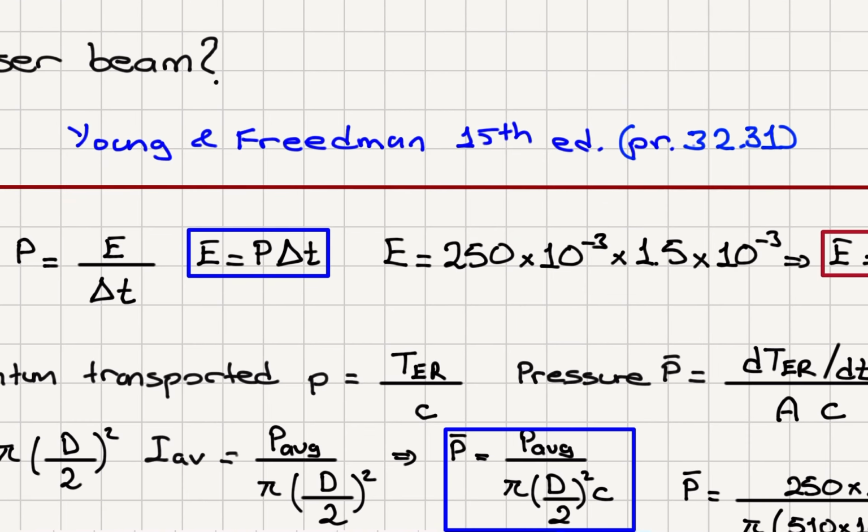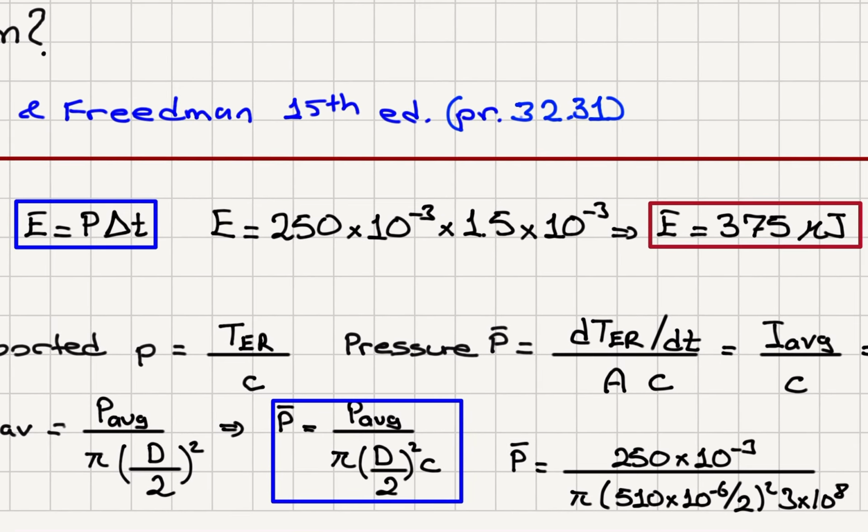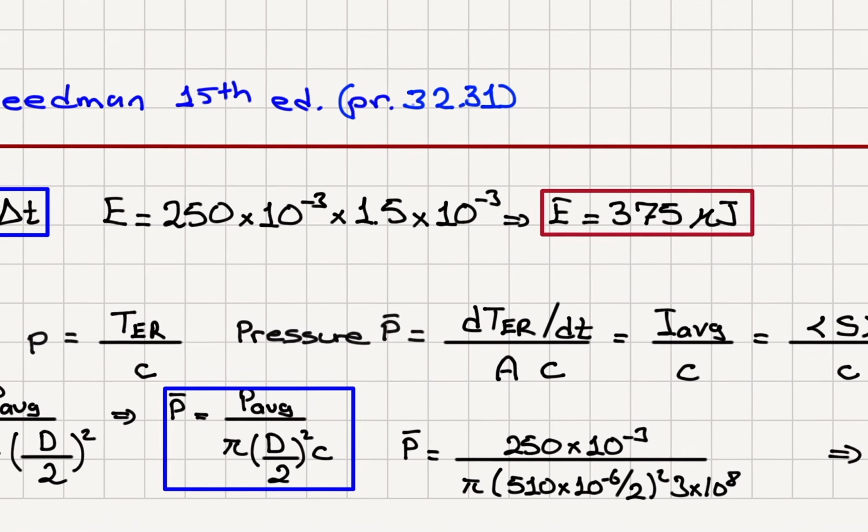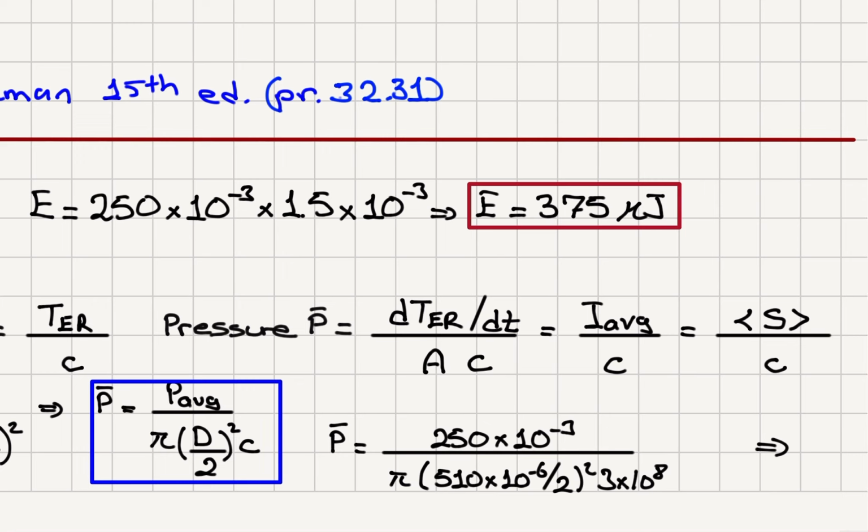The momentum transported is the energy carried divided by the speed of light. The pressure is dp/dt, time derivative of the momentum, divided by the area, so dU/dt divided by c multiplied by area A, perpendicular area A. This is simply the energy delivered per unit time, power, average power, divided by the area, which is the intensity, divided by the speed of light.